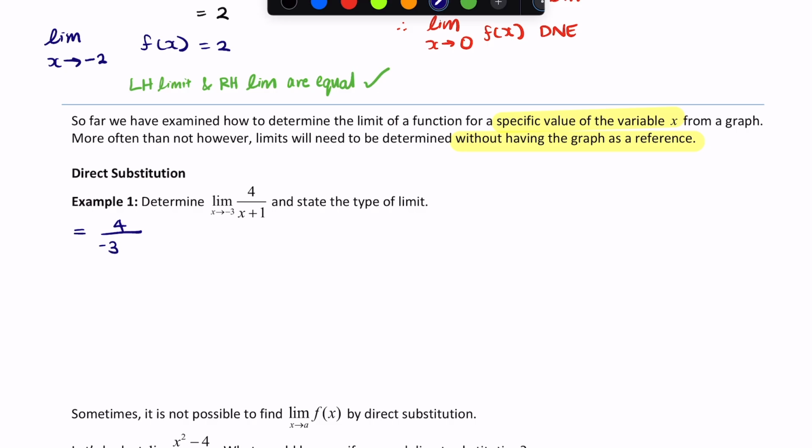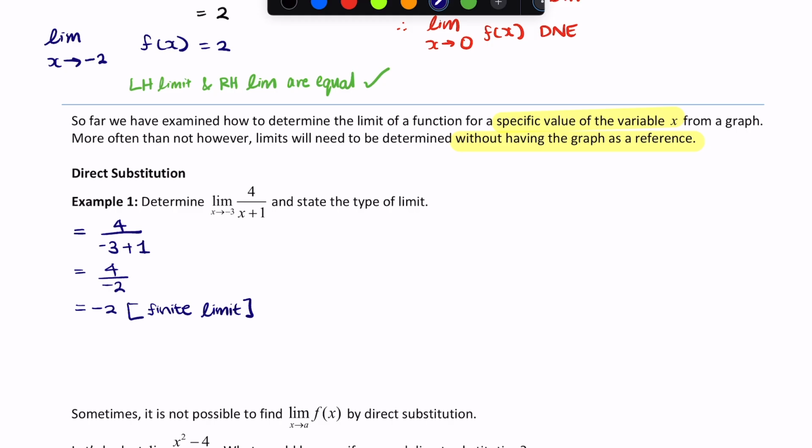So -3 plus 1, which will give us 4 over -2, which gives us -2. This is what is called a finite limit, because here an actual value is provided for us.